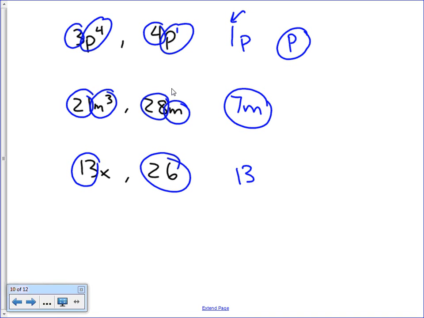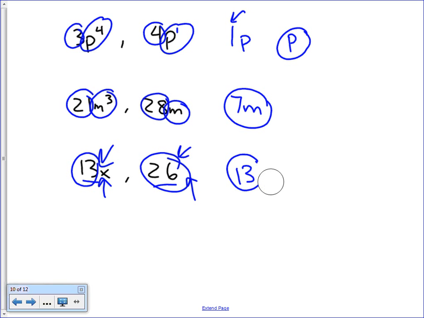Now this one, I actually don't have variables in common. One has an x, one does not. So I can't include a variable here, because it's kind of like you're saying they at least have that many x's. So if I would have put an x here, that's saying that this one has to at least have an x, and so does this one, but that one does not.